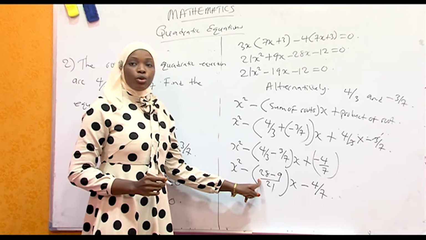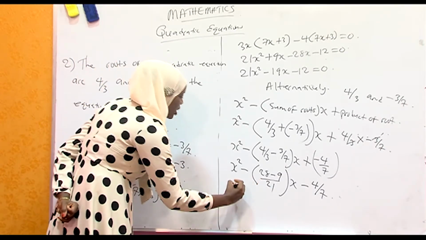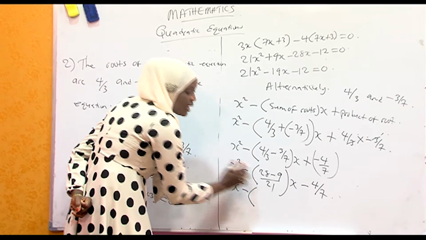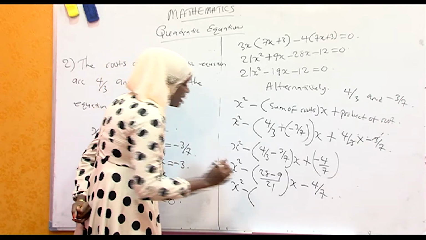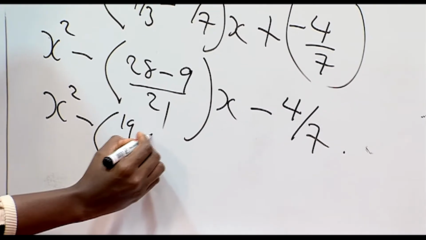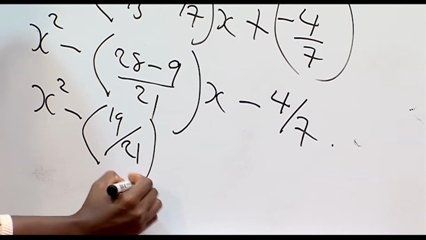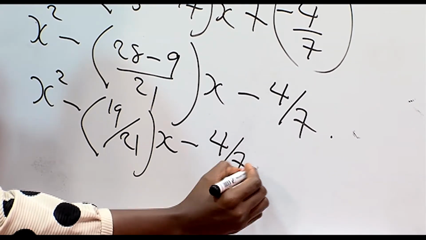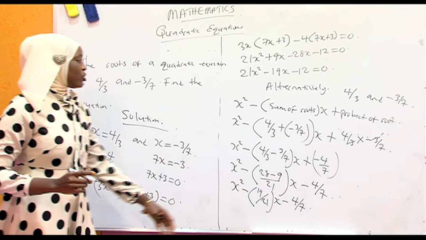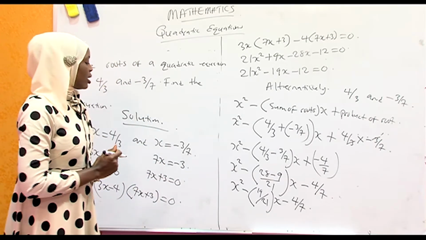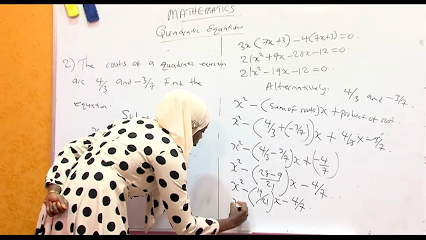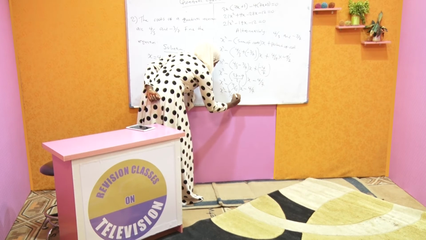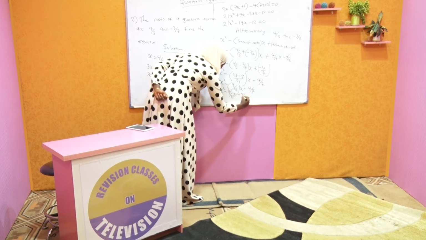Continuing, we have x squared minus 28 minus 9, which gives 19 over 21 x, minus 4 over 7. We can remove our bracket to give x squared minus 19 over 21 x minus 4 over 7.